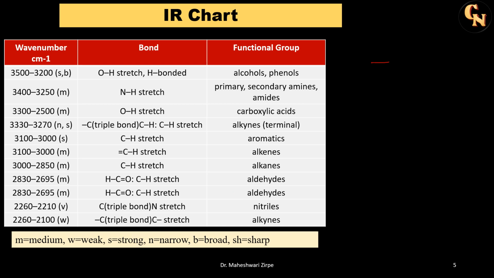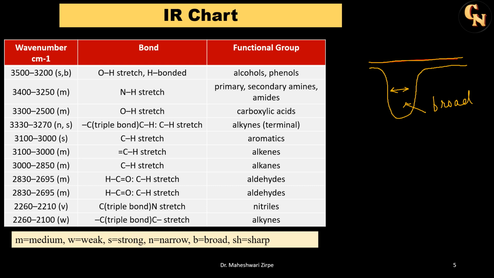I'll show you how. For example, if you have this IR spectrum, this is how the O-H bond will look. It is very broad, but it is a strong peak.